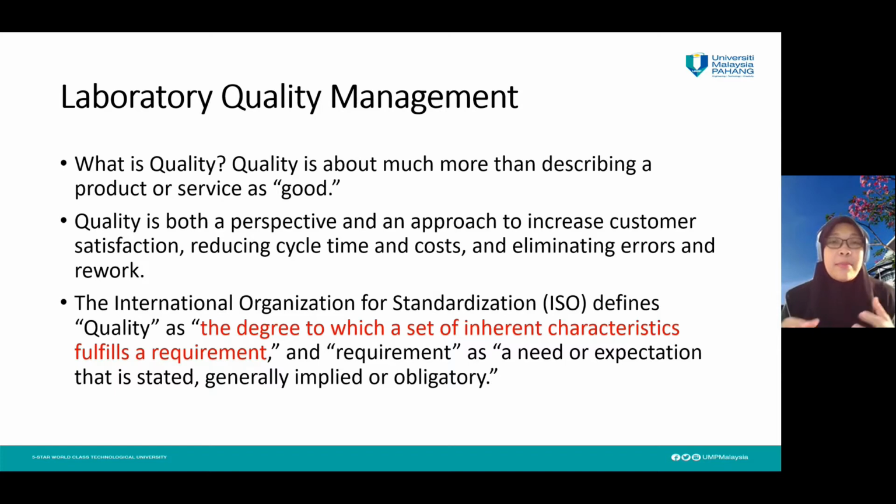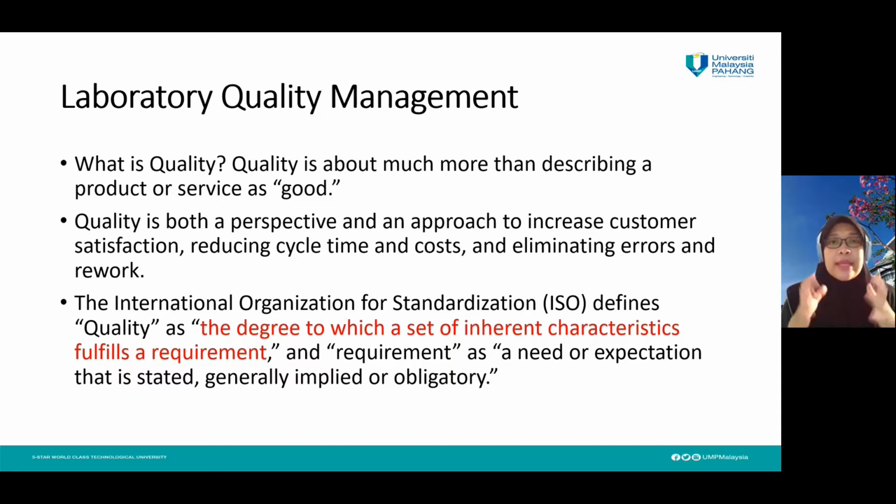Ada yang terpaksa buat balik, buat balik sebab ada contamination ke ataupun ada kerosakan ke, so they have to do it again, and that we call rework. Takkan ada benda yang perfect. Of course there will be nothing that is very perfect. There will be errors, and there will be rework that needs to be done.